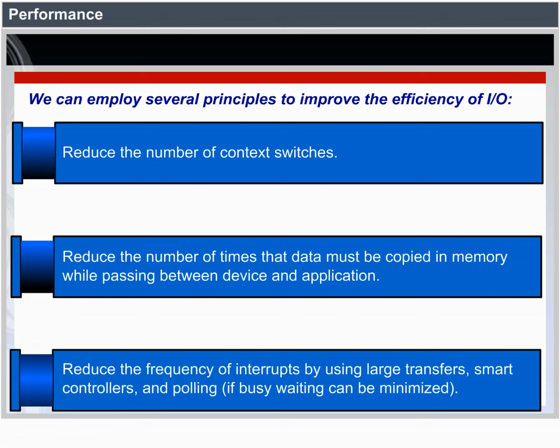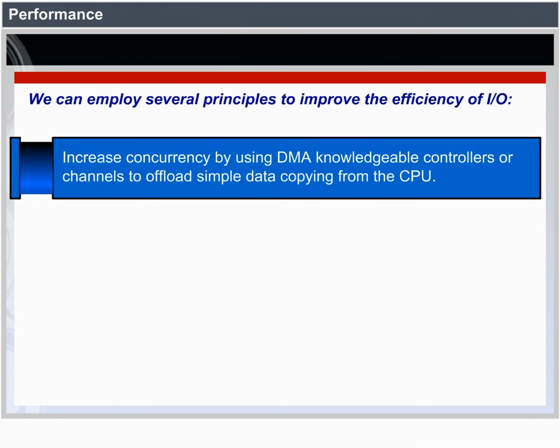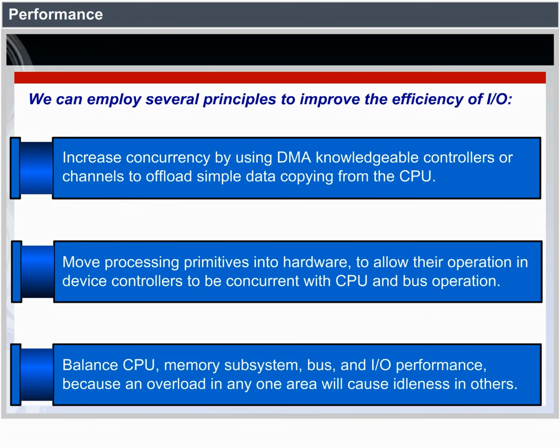Increase concurrency by using DMA-knowledgeable controllers or channels to offload simple data copying from the CPU. Move processing primitives into hardware to allow their operation and device controllers to be concurrent with CPU and bus operation. Balance CPU, memory subsystem, bus, and input-output performance because an overload in any one area will cause idleness in others.